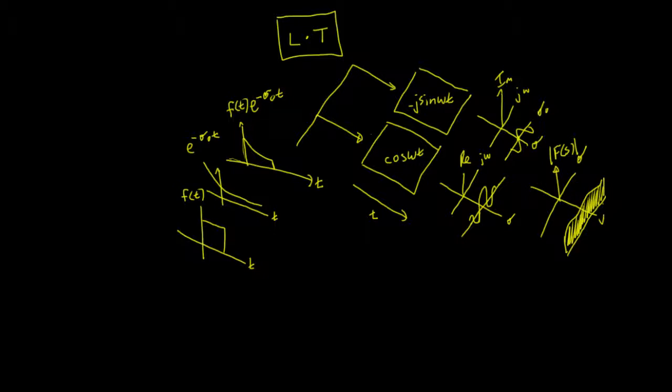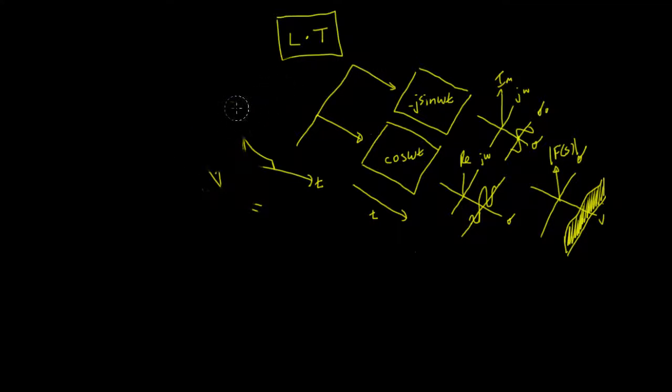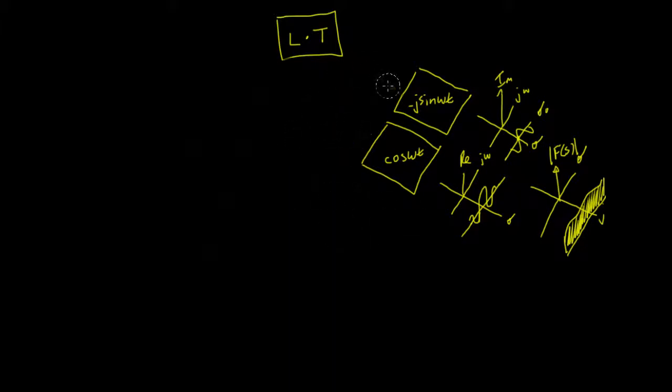So I'll just get rid of some of this here, because we're going to come back this way. Whenever we modulate that surface, we then do the integration, but now we're integrating in this direction with respect to omega.